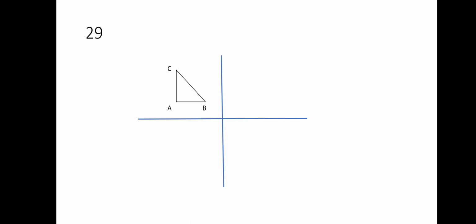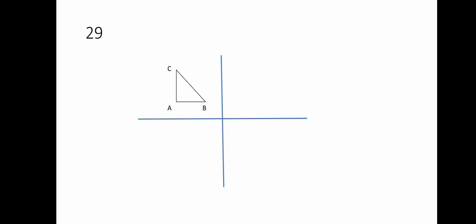Question 29. Here is triangle ABC on a grid. Describe a single transformation of the triangle so that point B is invariant, so it stays in the same place. Point A moves to (1, 1), and point C moves to (1, -1).